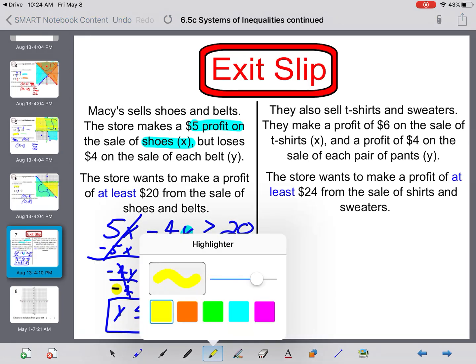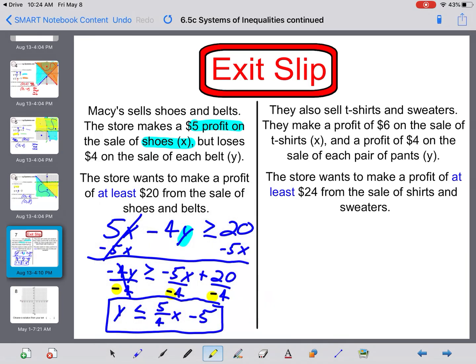They also sell t-shirts and sweaters. They make a profit of $6 per t-shirt and a profit of $4 for each sweater, Y. The store wants to make a profit of at least $24 from the shirts and the sweaters.